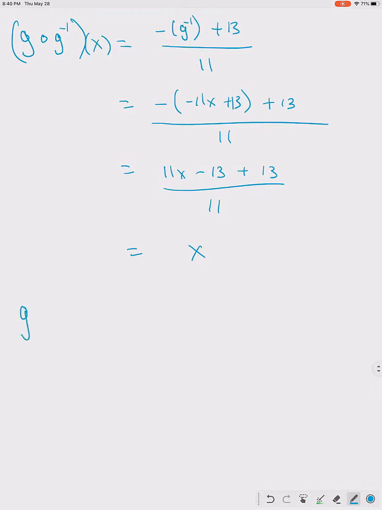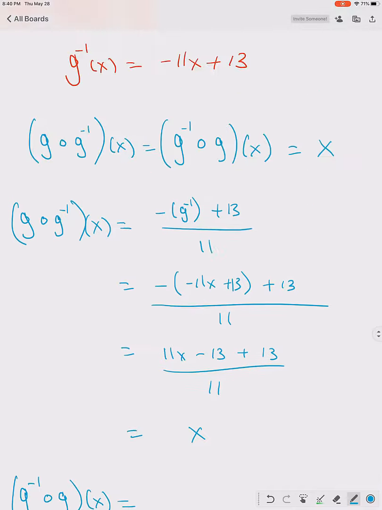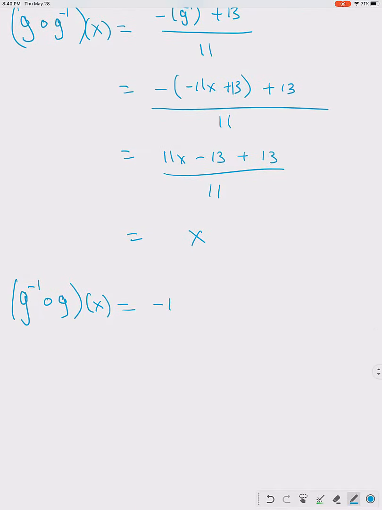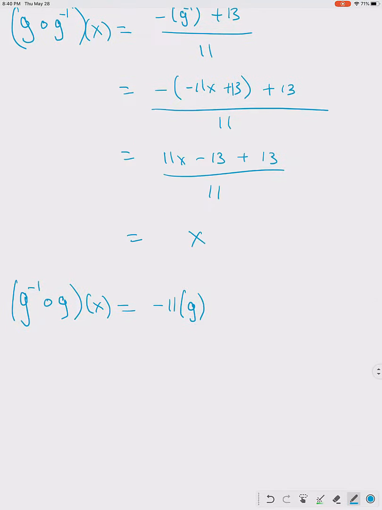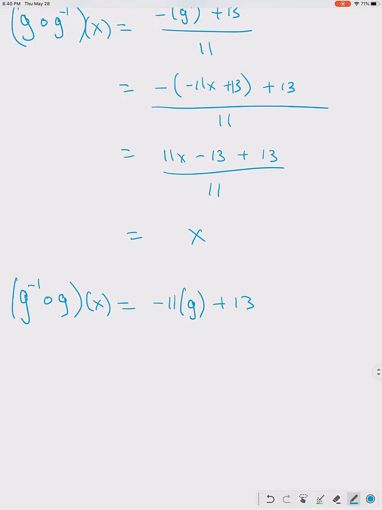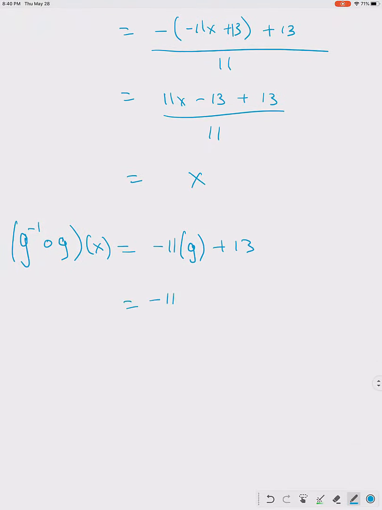So now let's try it the other way around. g inverse composed with g of x: g inverse was negative 11 times the input plus 13. So that would be negative 11 times g, which was negative x plus 13 divided by 11, and then plus 13.